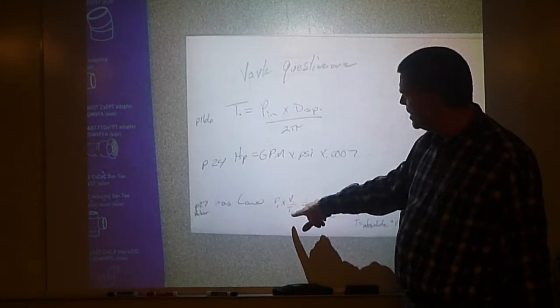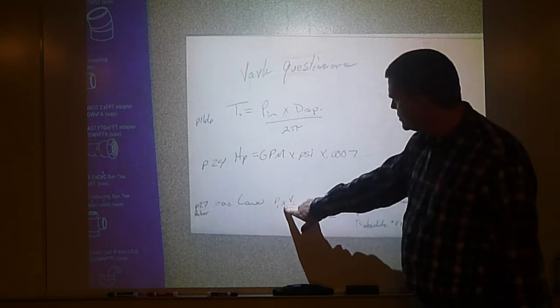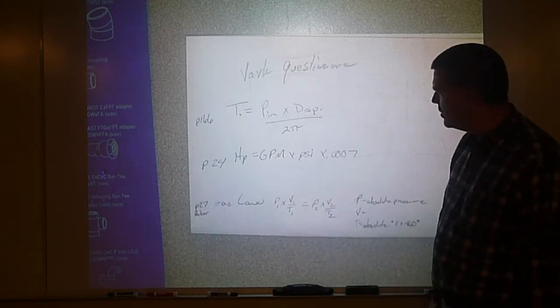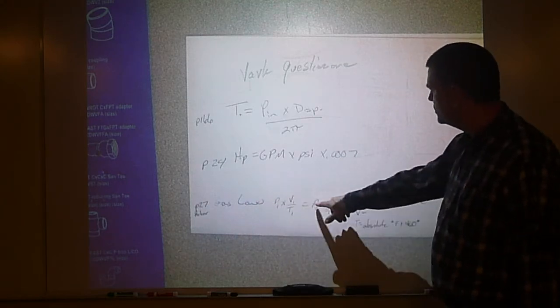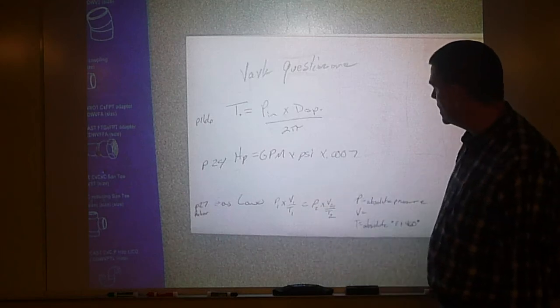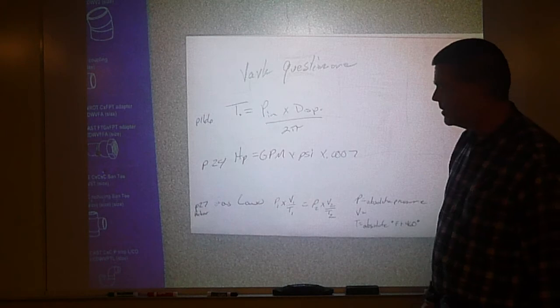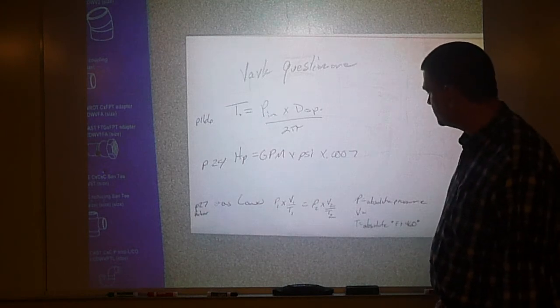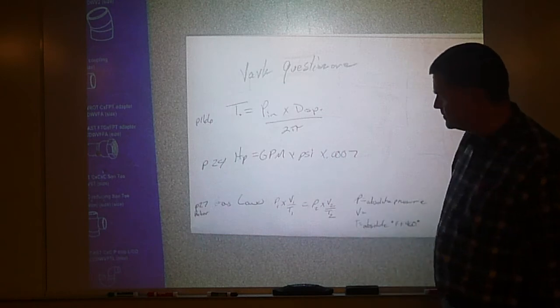Pressure 1 times volume 1 over the temperature. So if your temperatures are the same, you can basically wipe those out. So P1 times V1 equals P2 times V2. If your temperature is the same, it should come out to be the same number.